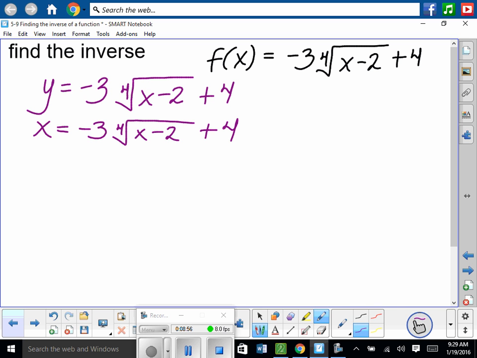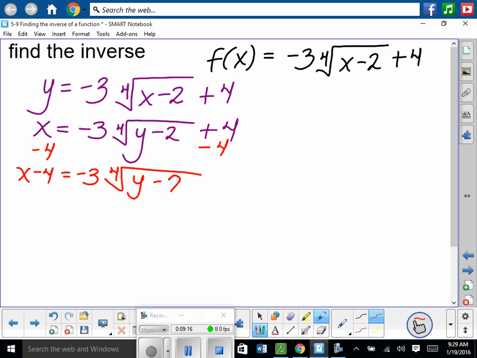So now we'll solve for y algebraically. These seem to be the hardest ones. Can't quite figure out why. But so what's our first step? Subtract 4 from both sides. Very good. So we have x minus 4 is equal to negative 3 times the 4th root of y minus 2. Now here's where most people just royally mess up.